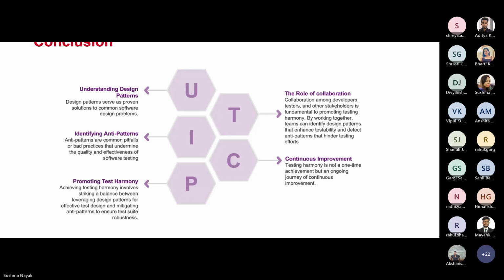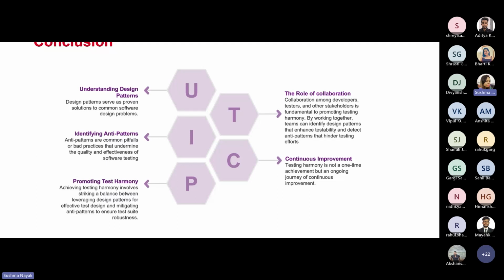Once we figure it out, the team must regularly review and refine their testing practices, incorporate feedback, and embrace new technologies, adapting to new requirements. If somebody has learned something, they can share their knowledge with the other team members.